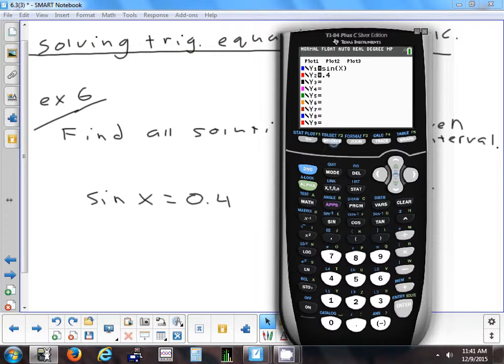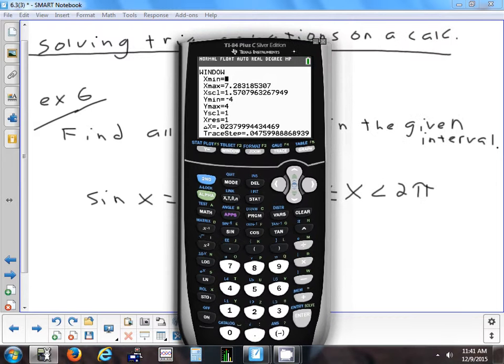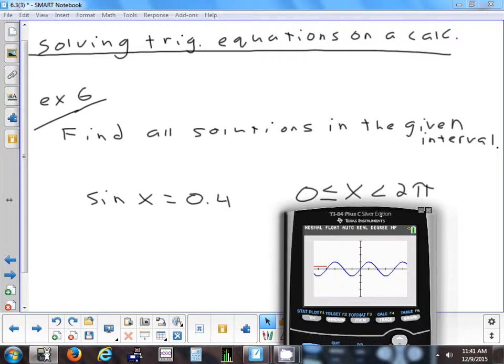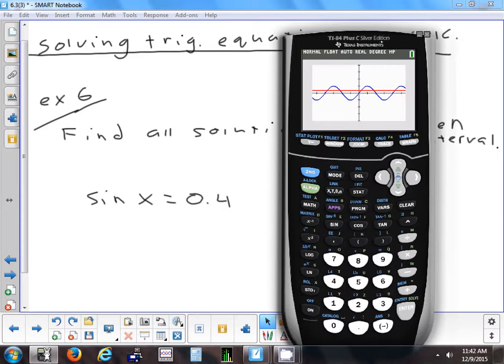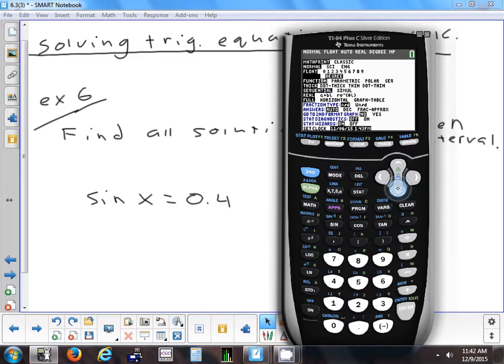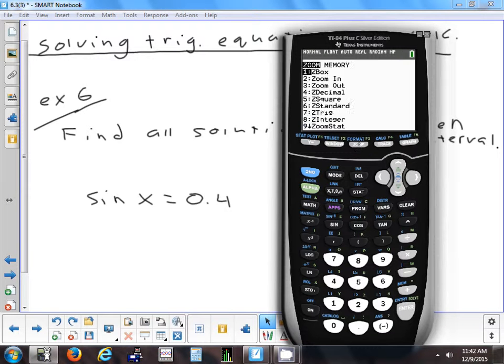Since they gave me a specific window, I'm going to set my x values to what they told me to. But if I do zoom 7, and you know what, let me change to radians because this problem is in radians. I can tell because of the 2 pi. So let's go mode, radians, and then do zoom 7 again. If we were to look at this wave forever, how many times would that red line intersect it?